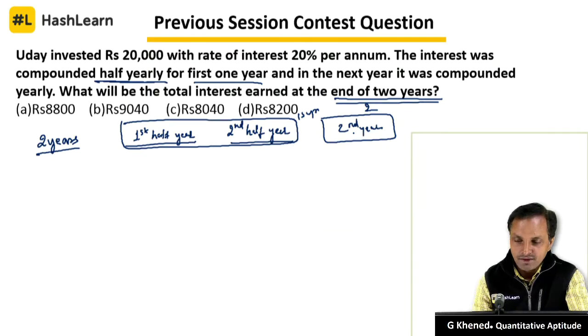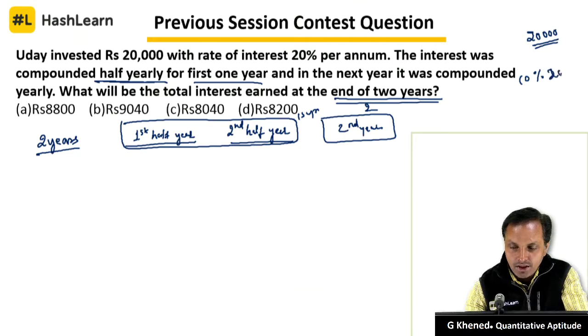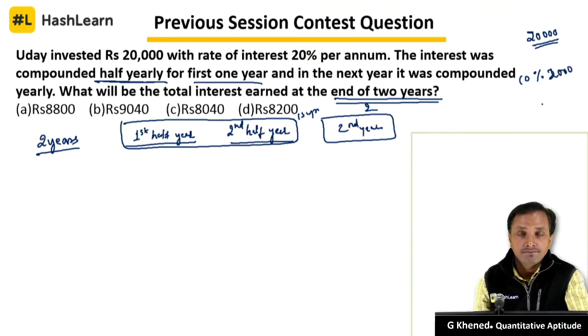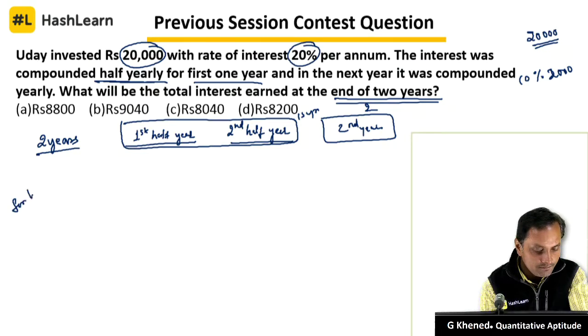Just I will show you how to do this problem quickly. You know that 20,000, what is 10%? 10% will be 2000. 20% per annum means for half year your rate will be 10%, you should consider.